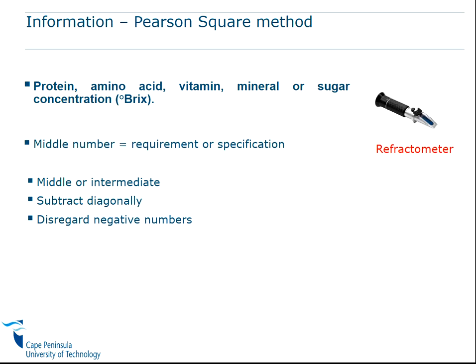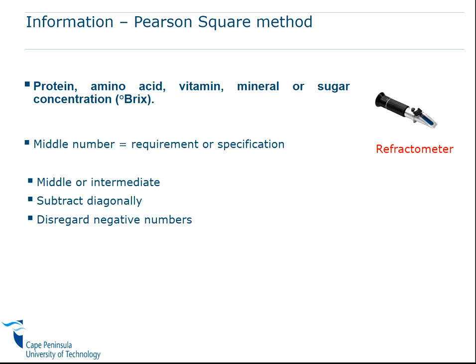In the practical that you are going to do next week, you will be required to calculate a known concentration of sugar and salt solutions. Before you do that, you will have to use the Pearson square method.